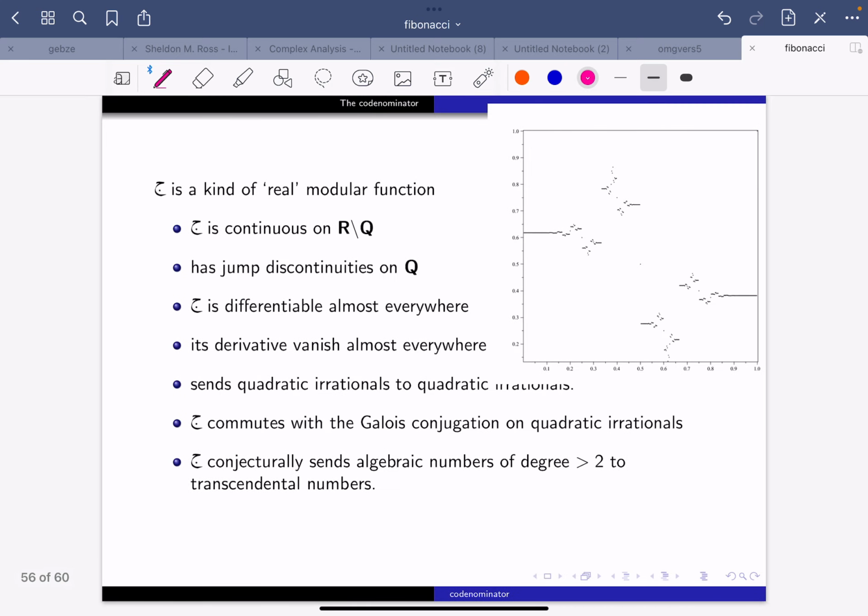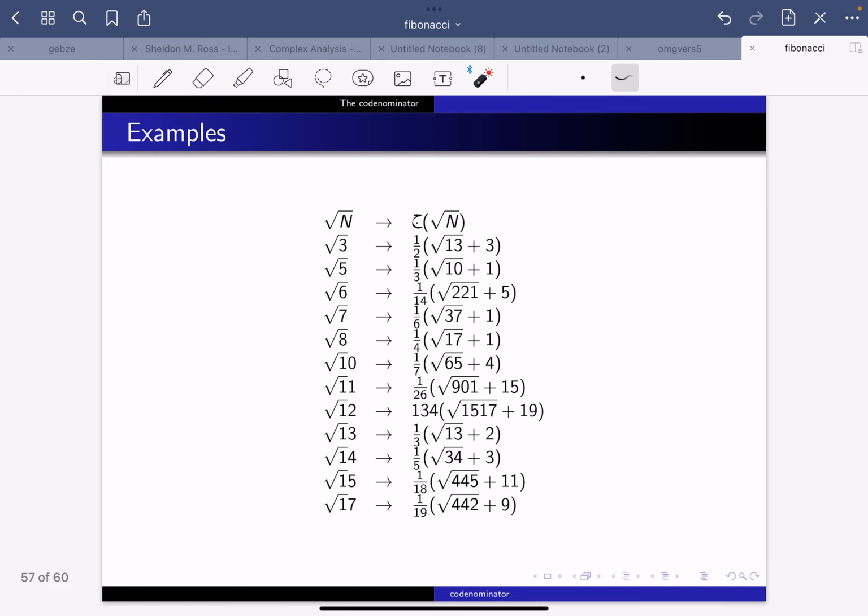And finally, what happens if x is not a rational, not a quadratic irrational? If it is an algebraic number of degree higher than 2, then the value of Jimm at this point is a transcendental number, conjecturally. So let me give some examples on square roots, quadratic irrationals.